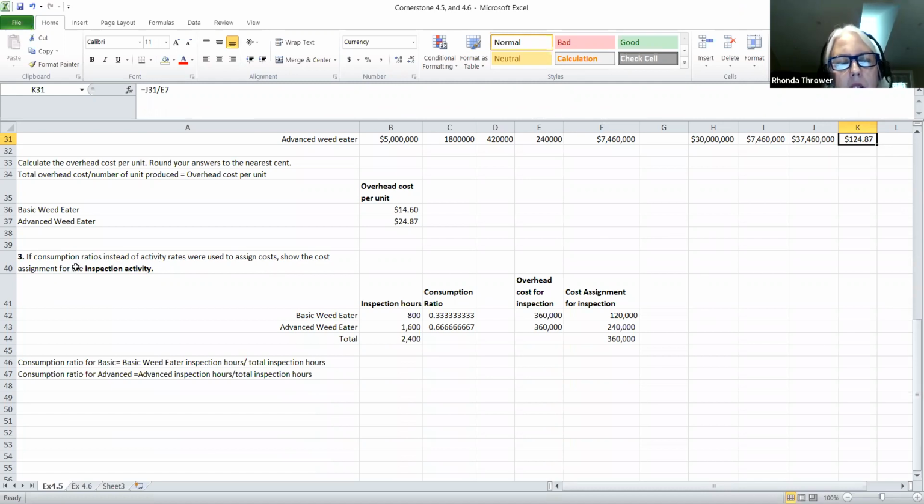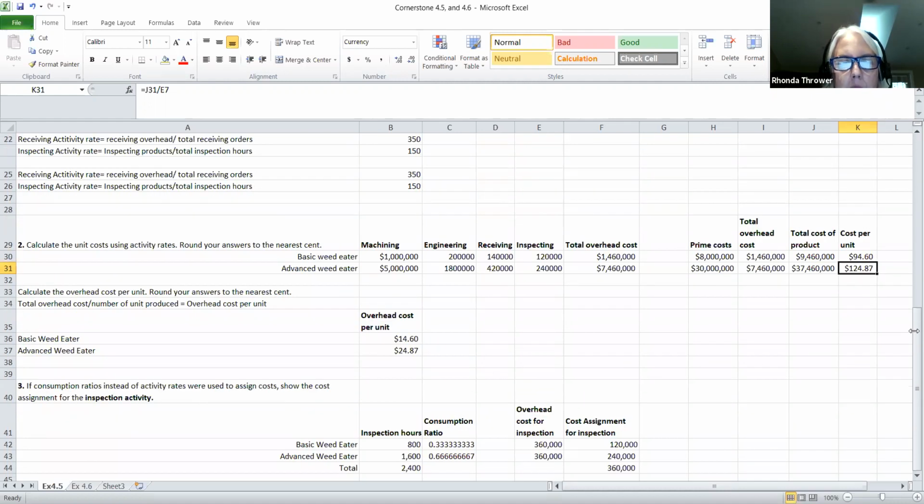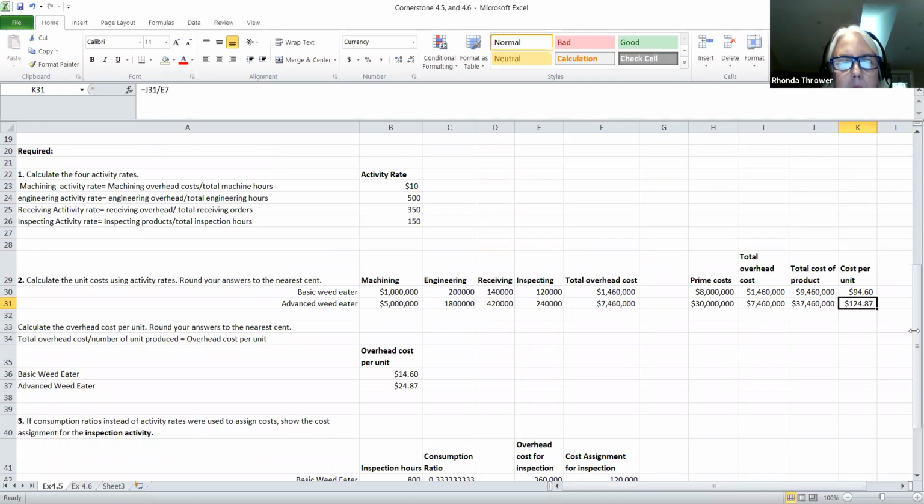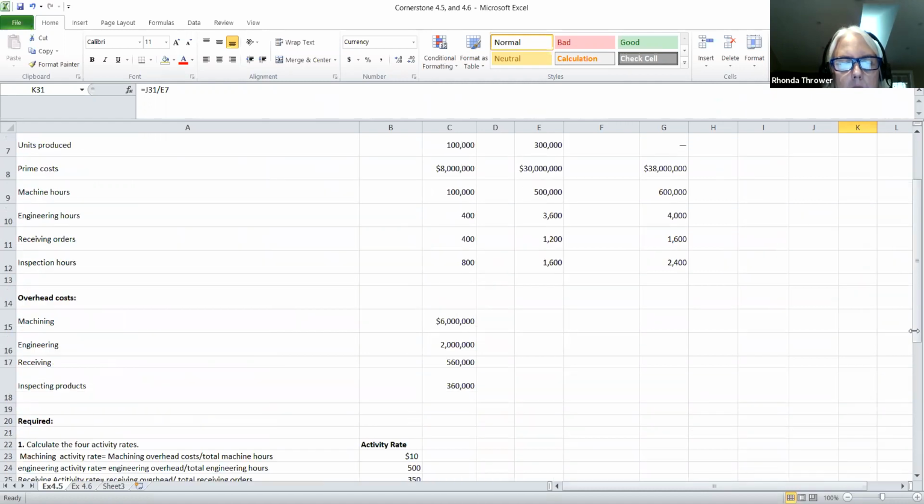What you need to know about the consumption ratio is that you're going to be determining the total consumption of just the inspecting activity. So I'm going to go back up to our original table here. And if we look at the inspecting activities, you can see that that overhead cost total was $360,000.